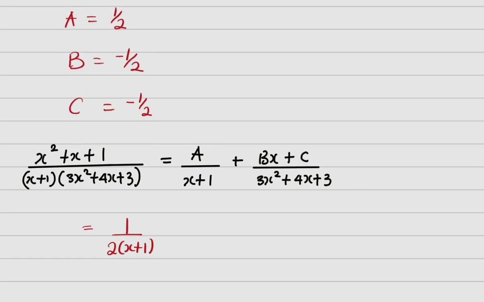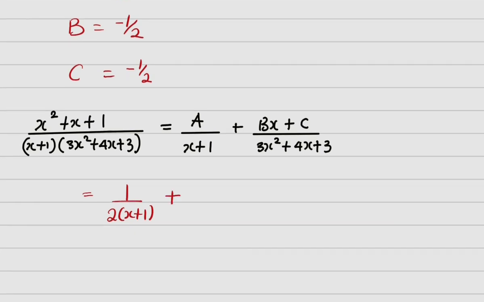Then checking out, look at the B. Just check out what I'm going to do here. Now, this is going to be minus 1 over 2x, then minus 1 over 2, okay, all over 3x squared plus 4x plus 3.